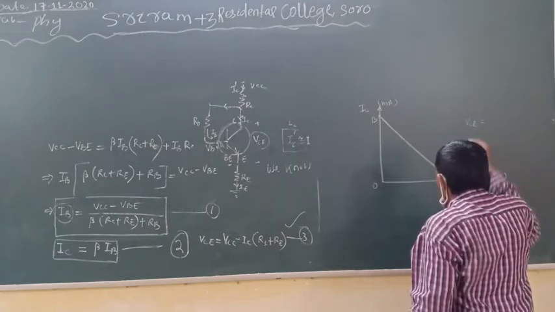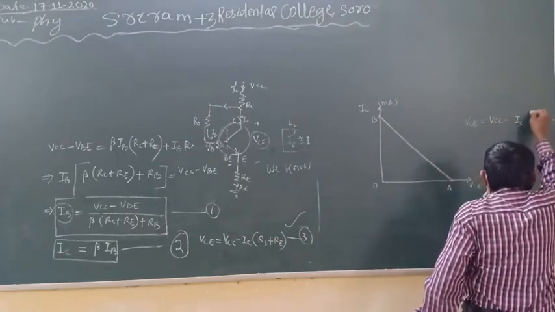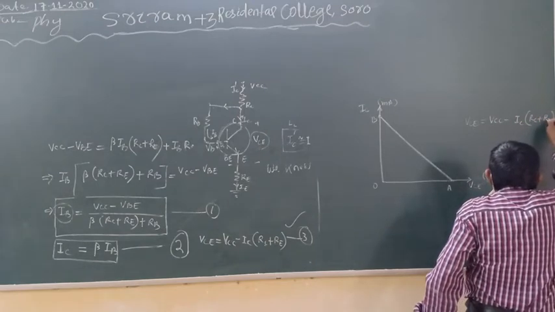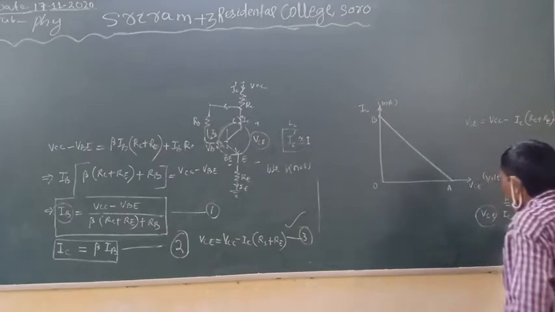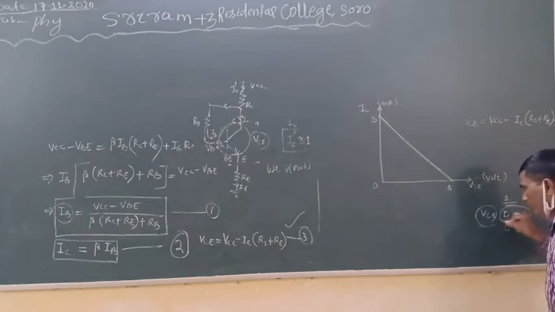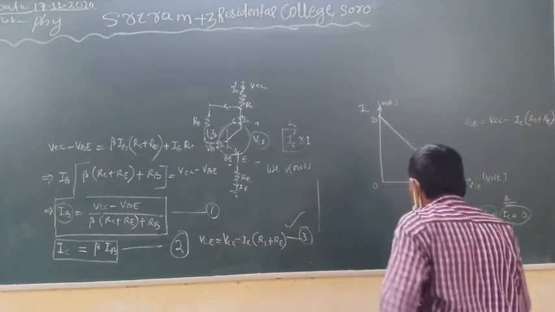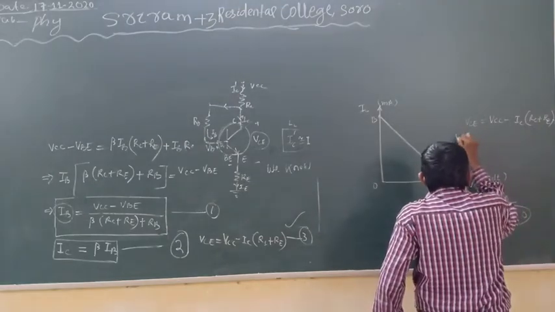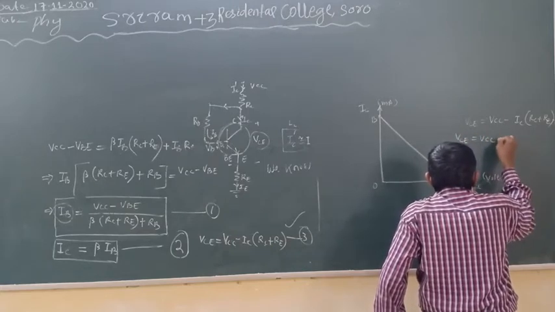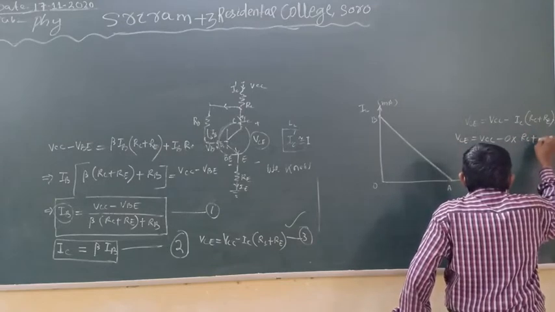VCE equal to VCC minus IC into RC plus RE. Here the collector current IC is equal to 0. Put this value of collector current in this equation, and we get VCE equal to VCC minus 0 into RC plus RE.